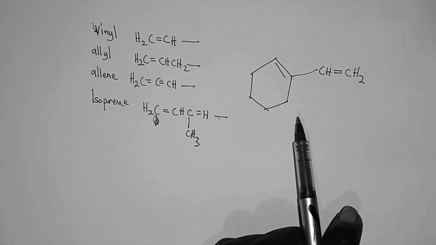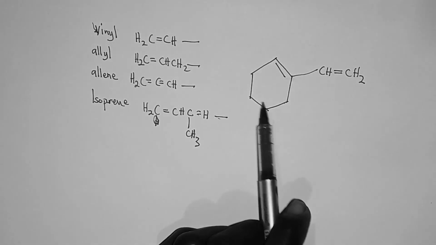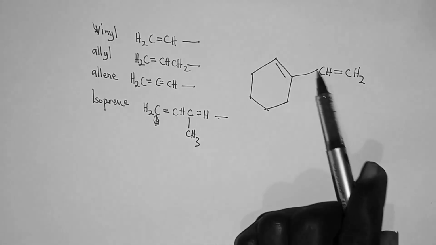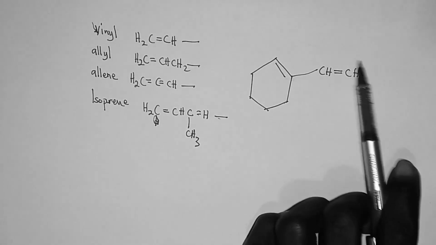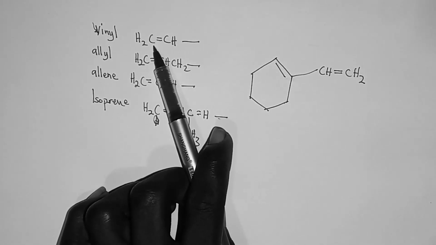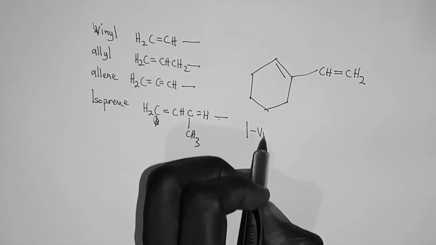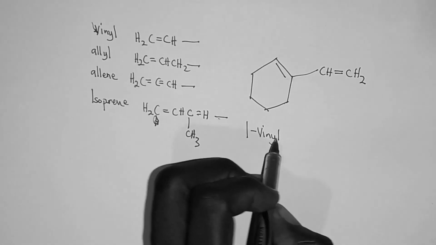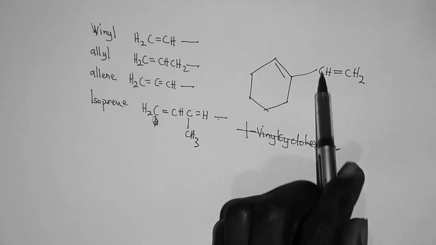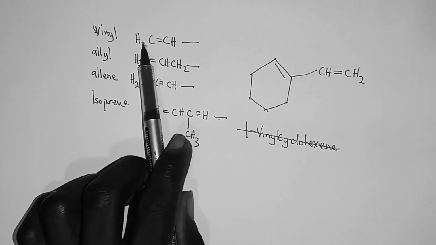So let's name this organic molecule. You can see that this is a 6-membered ring with a double bond, so that is 1-cyclohexene. But there is this substituent here, and you can see that this is the vinyl substituent, and therefore this is 1-vinyl cyclohexene.